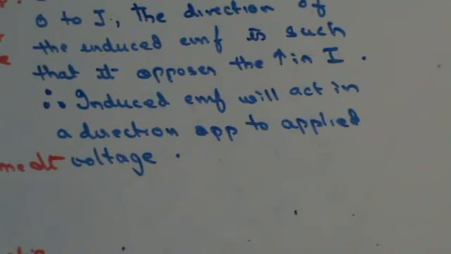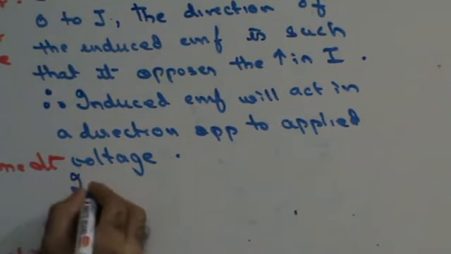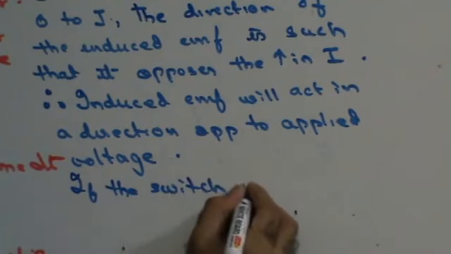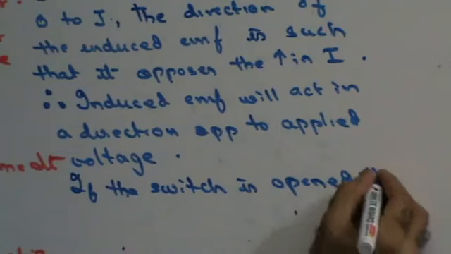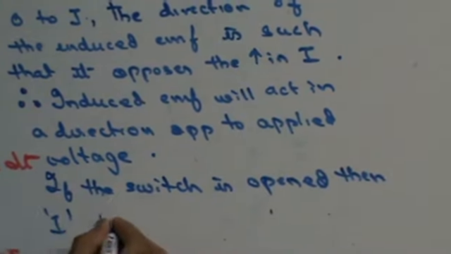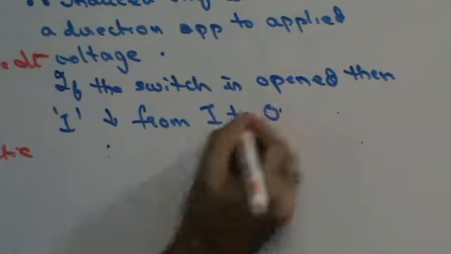So I can say that if the switch is open, then current decreases from I to 0.